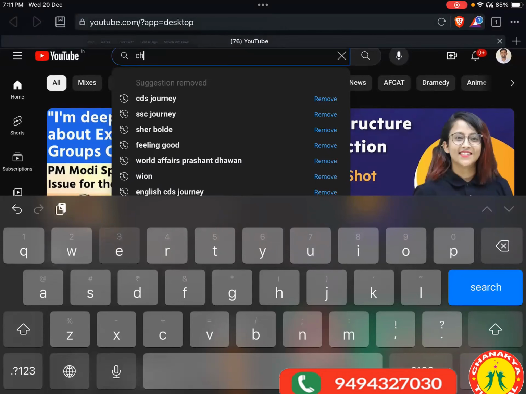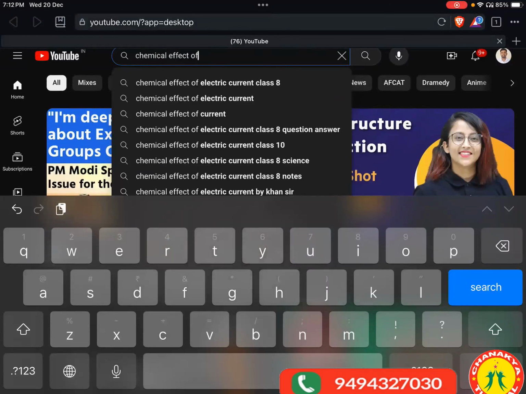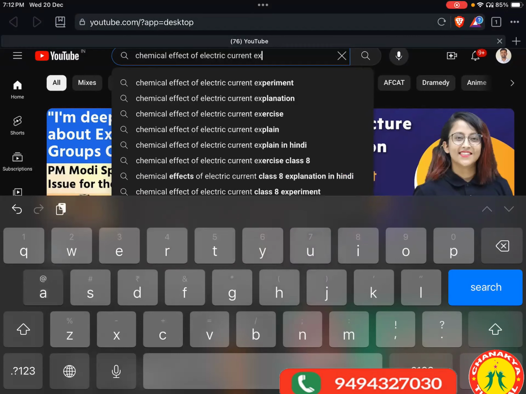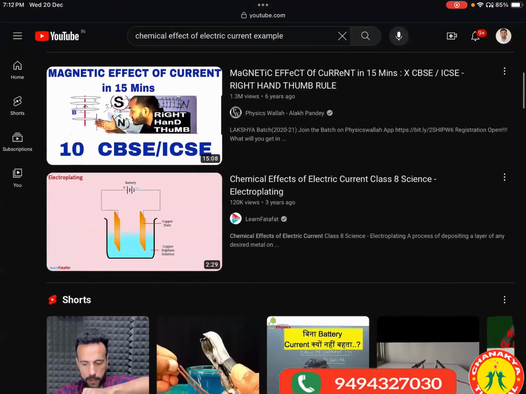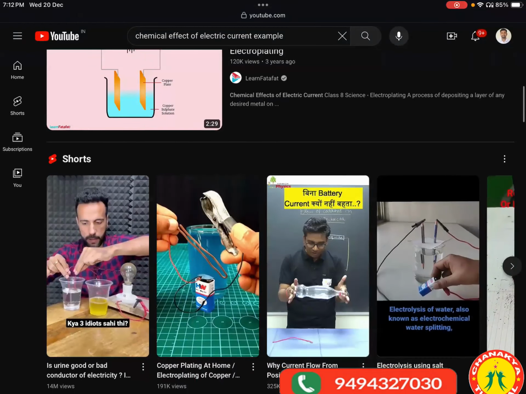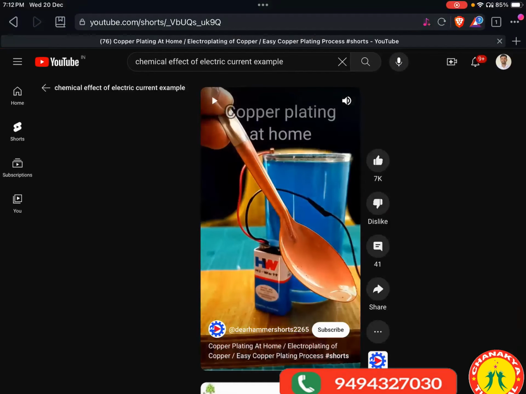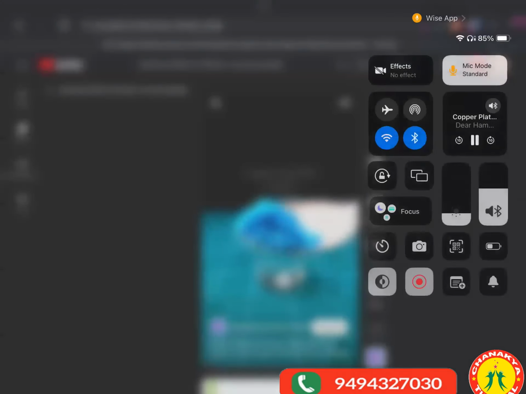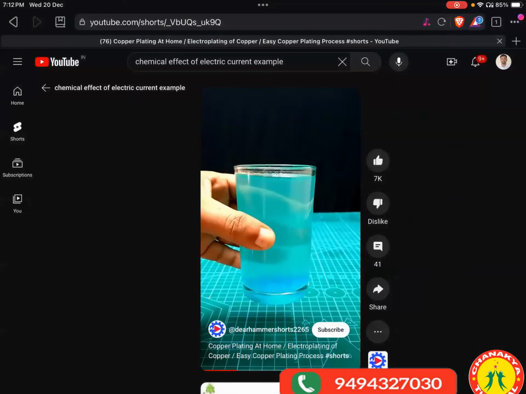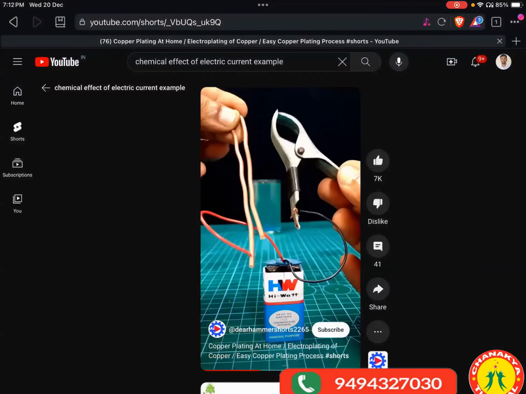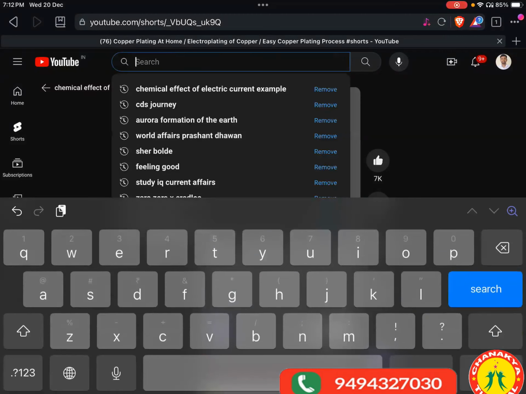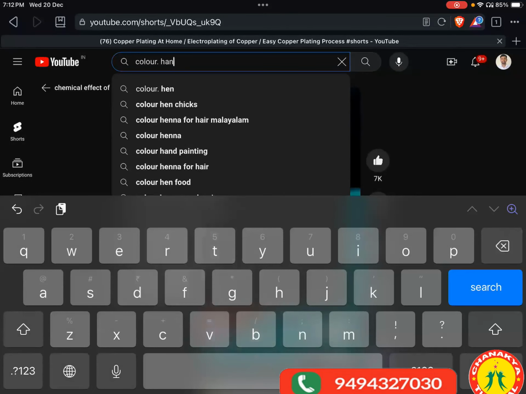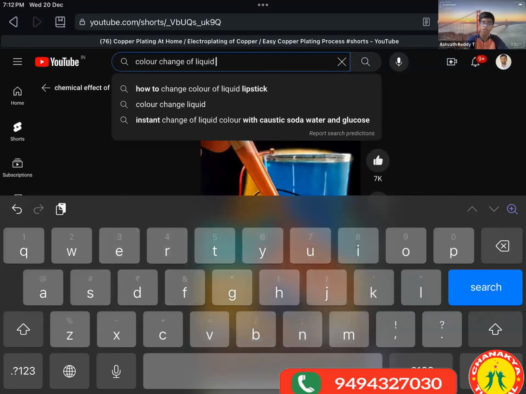We were searching for chemical effect. Color change can be observed in, like, copper.